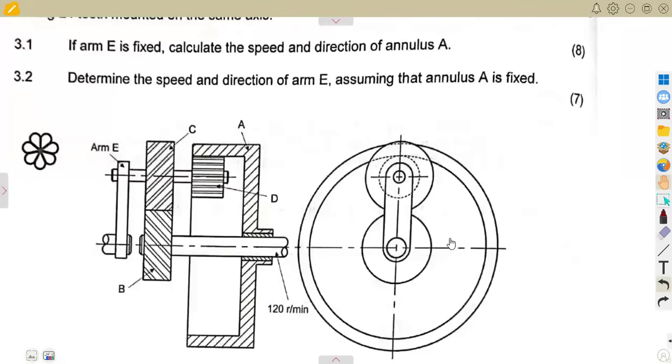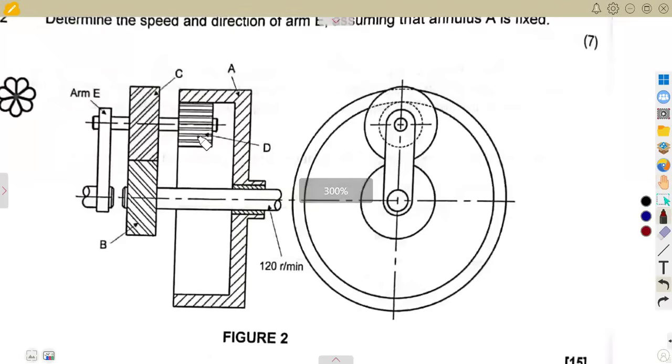All right, so remember, this one is just a repetition also. We say this is the annulus. So you have to consider this part. The annulus in this case, which is the same as the outer part on this diagram, that will be your annulus. Then we have got the sun gear, which we consider at B. We also have to consider the planetary, which is at D. This part, D, is our planetary.